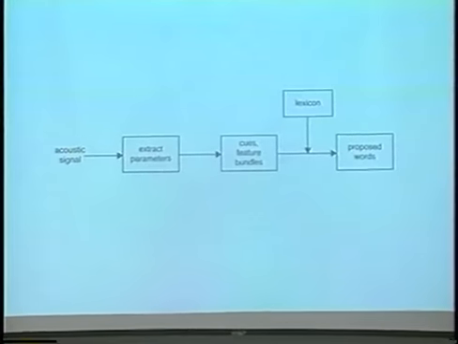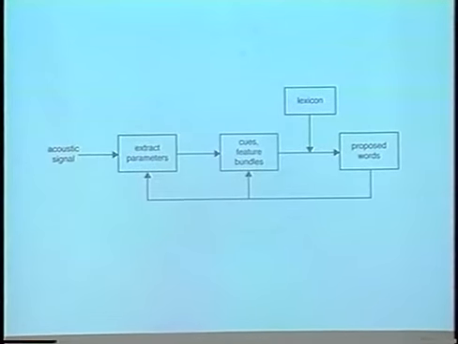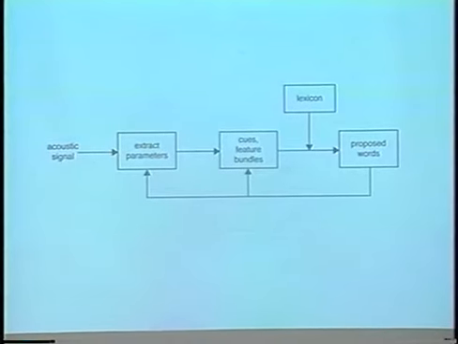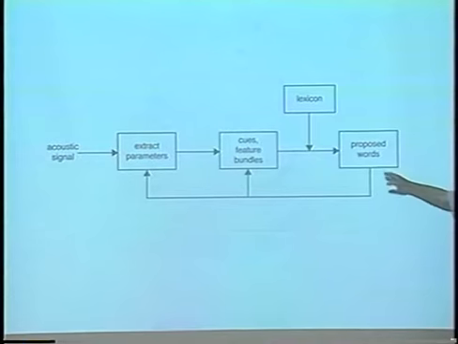Later on, I'll talk about an extension of this, of the kind that many of you, I'm sure, have seen before, where you have some feedback or top-down processing as well as the bottom-up processing. I'll come back to this later on. So we have some proposed words, and we want to resolve which among these words gives you the best fit.